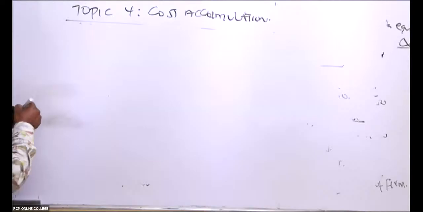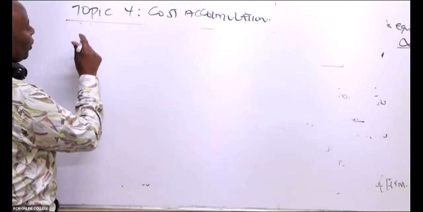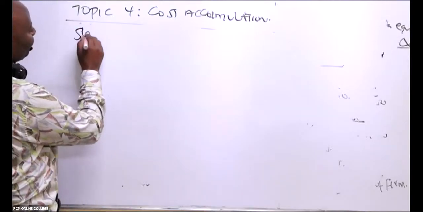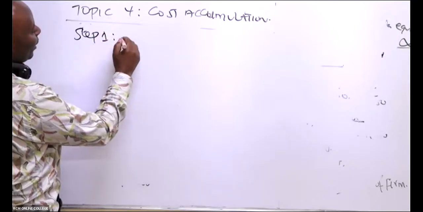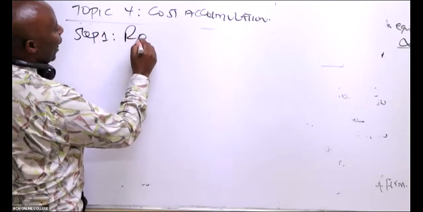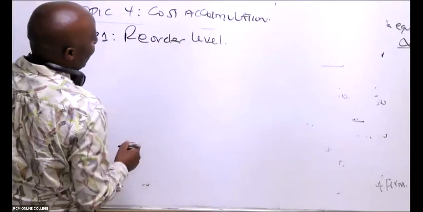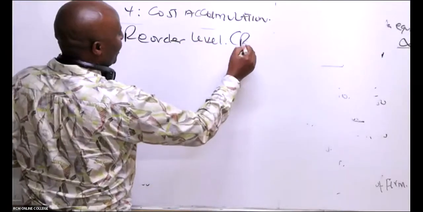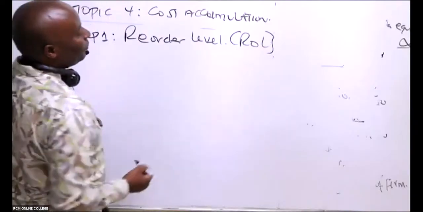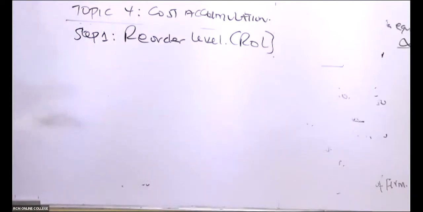Because I want us to give them stock levels, step one, give us the reorder level, which we shall be abbreviating as ROL. Great. So then how do we get this ROL?